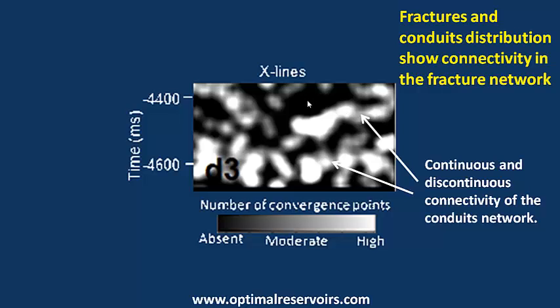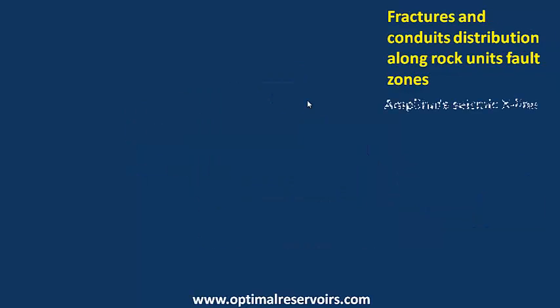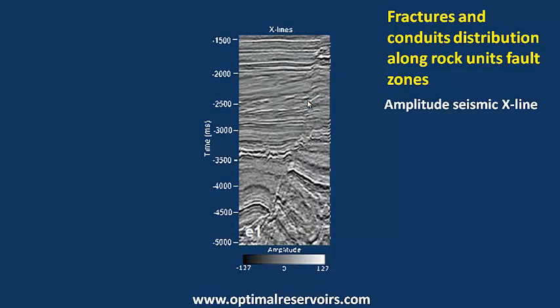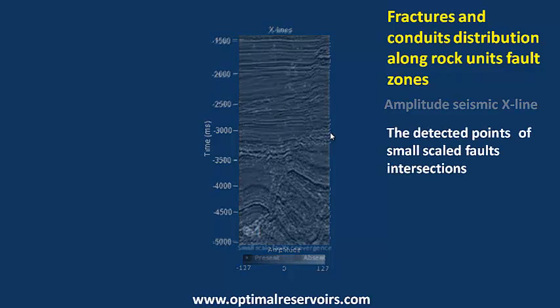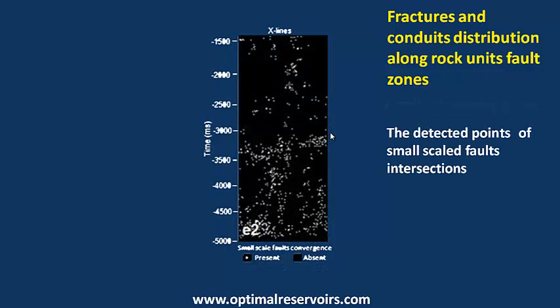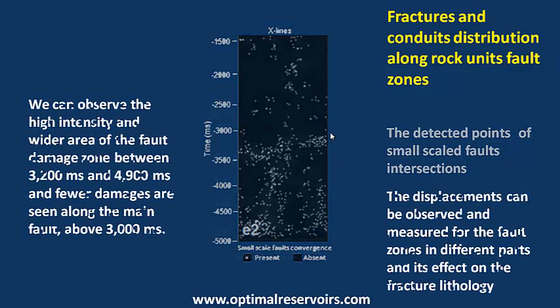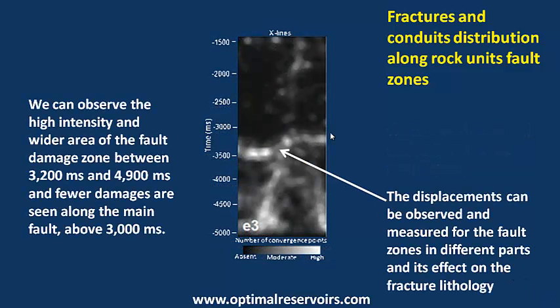This is very important to know the nature of your network. That's a very nice example. It's a clear one. You can see here the fault, and here is a faulted bed. These are the detected points of intersection, calculating the damage of the conduits.